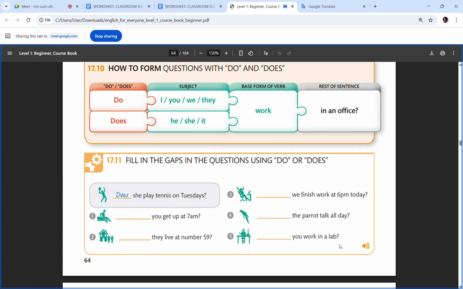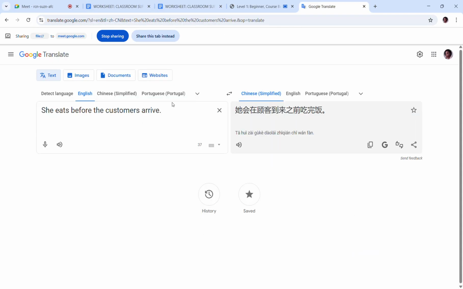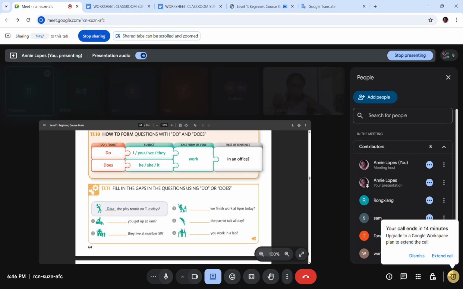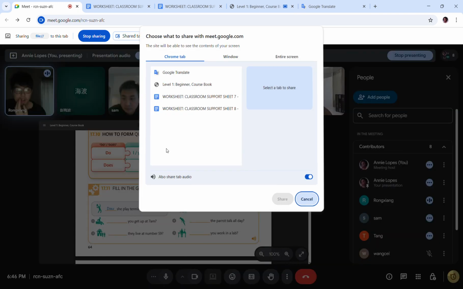Number 5, do you work in a lab? In a lab. Yeah, remember the scientists, right? The scientists work in a lab, right? Who works in a lab?